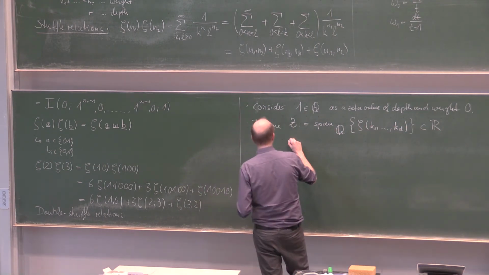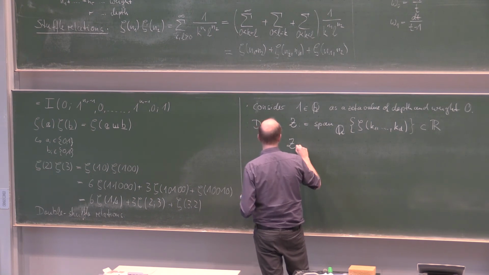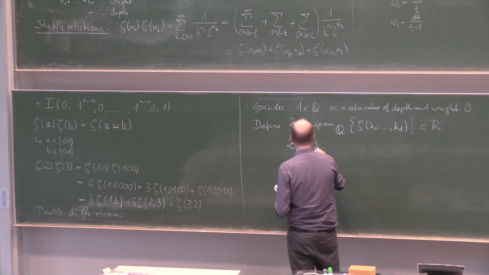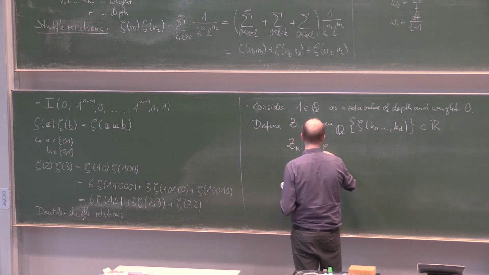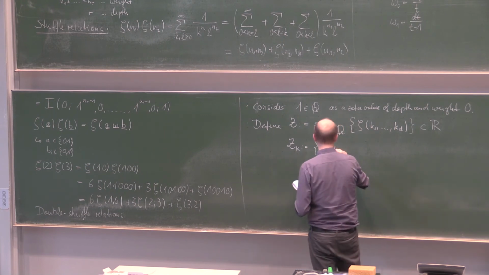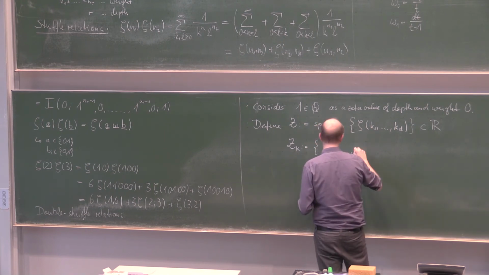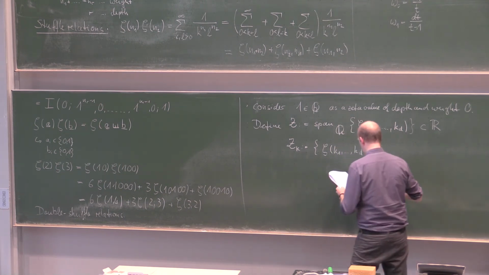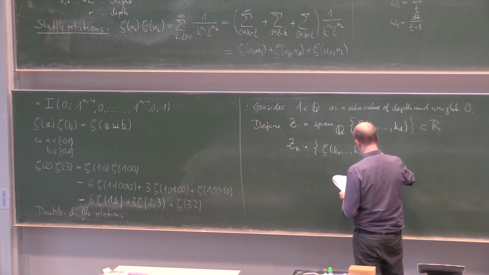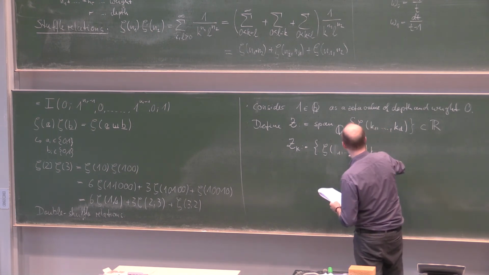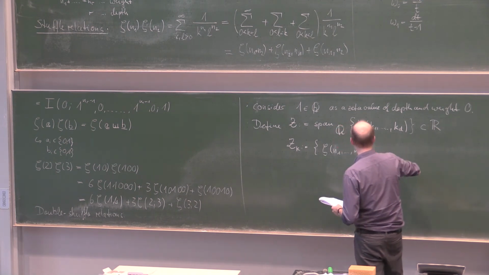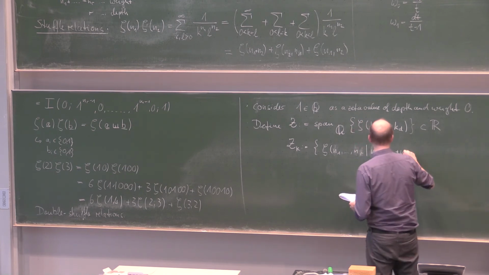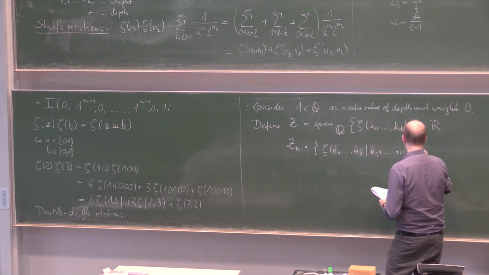And then define furthermore Zk as the set of zeta values such that n1 plus ... plus nr equals k. I should write k here.